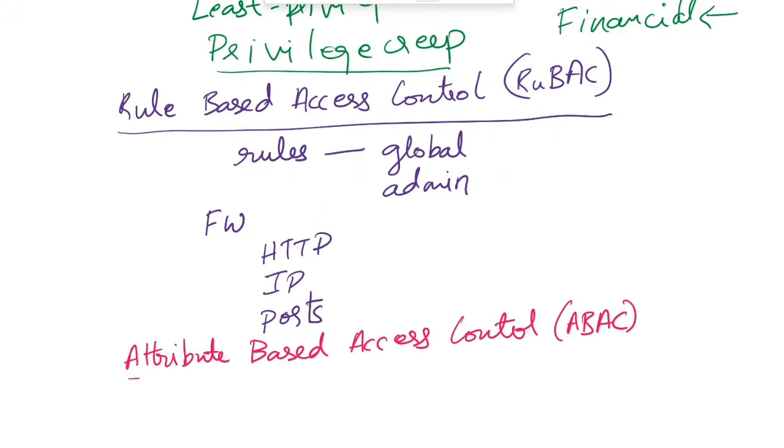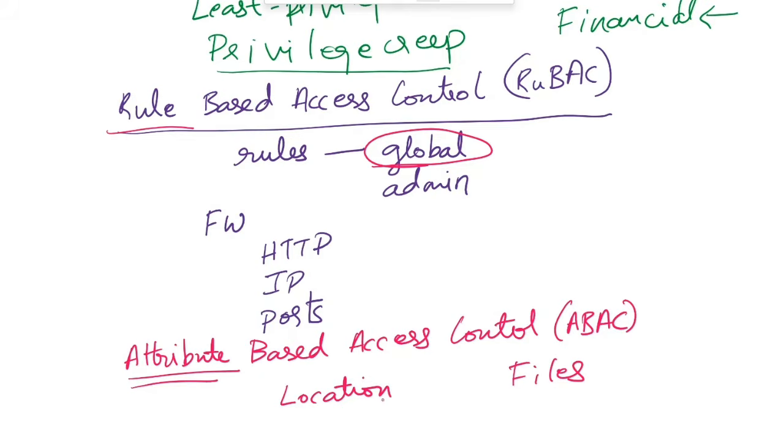And then next we have attribute-based access control. This is an advanced implementation of rule-based access control. In rule-based access control, it is global, okay? It applies to all the subjects equally. But ABAC is more specific. Like for example, say location. You're allowing access to file 1 to the users who are in the location, say US, and for all others, you're denying them.